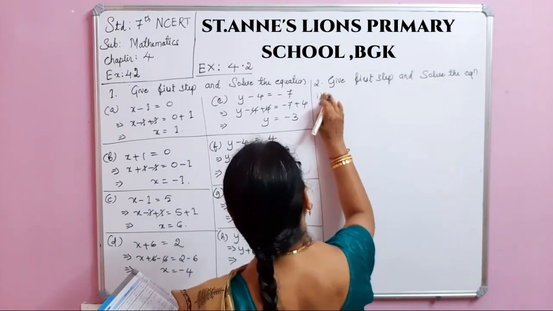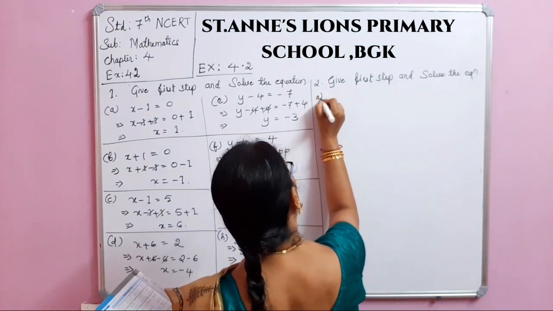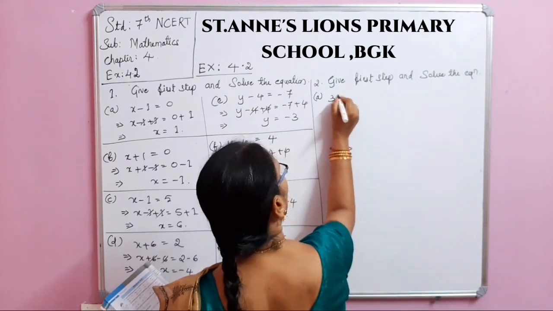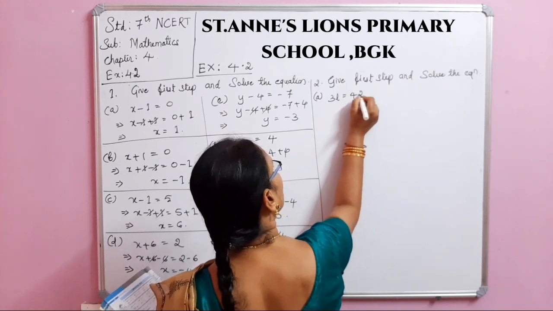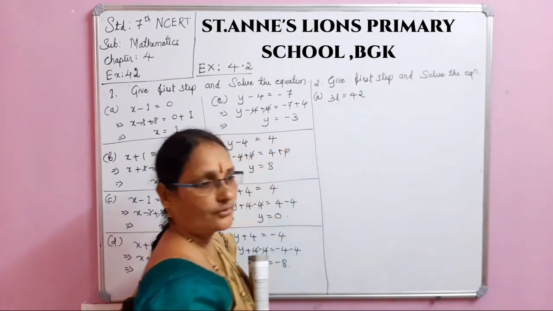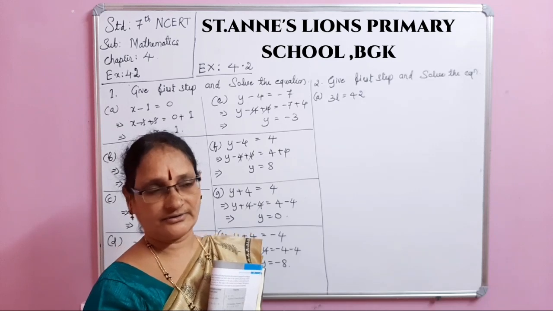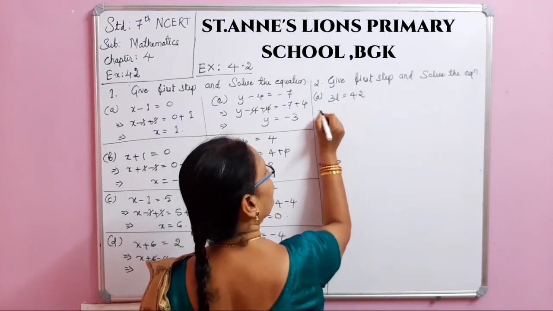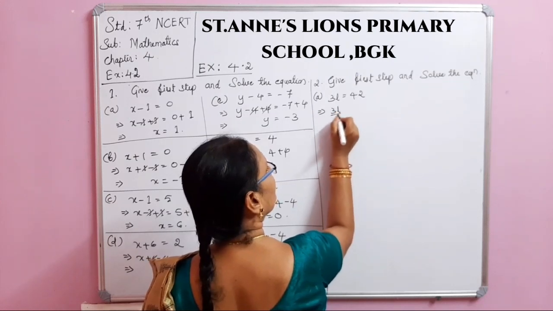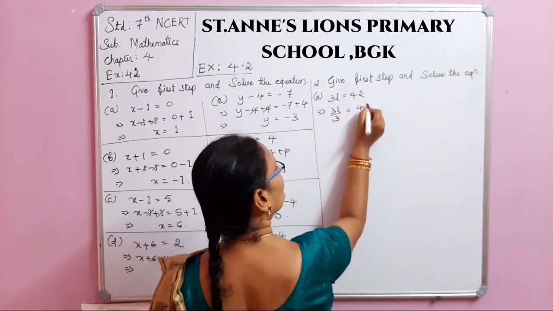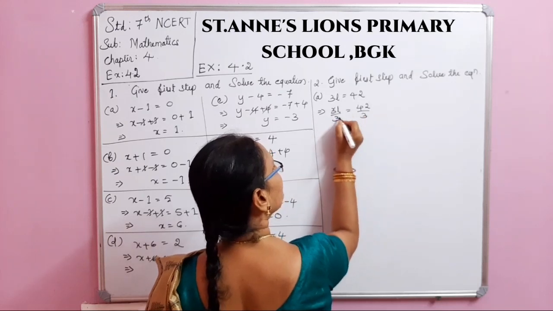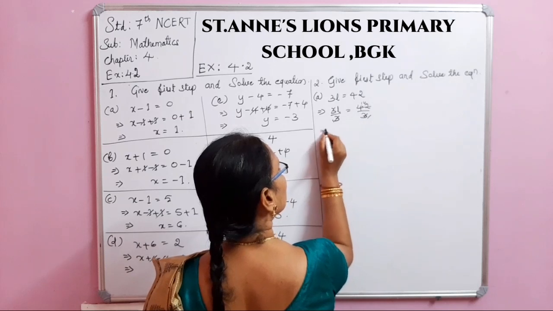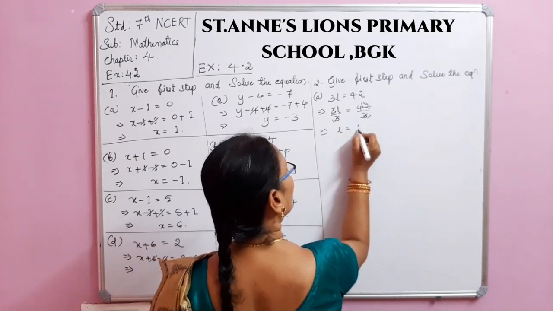Sorry, A. 3L equal to 42. Here see, multiplication is there. Along with the variable, 3 is multiplication. We have to remove that. How to separate this 3 from L? By dividing. So 3L by 3 is equal to 42 by 3. 3 got cancelled. 3 ones are 3, 3 fours are 12, 3 14s are 42. So this implies that L equal to 14.